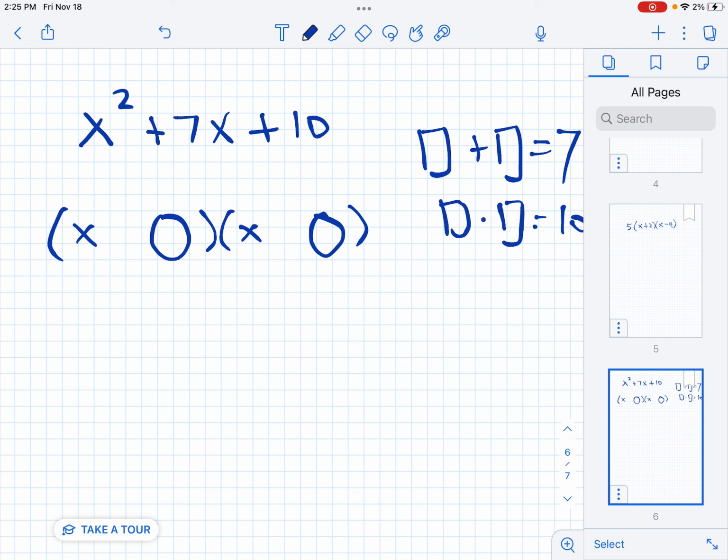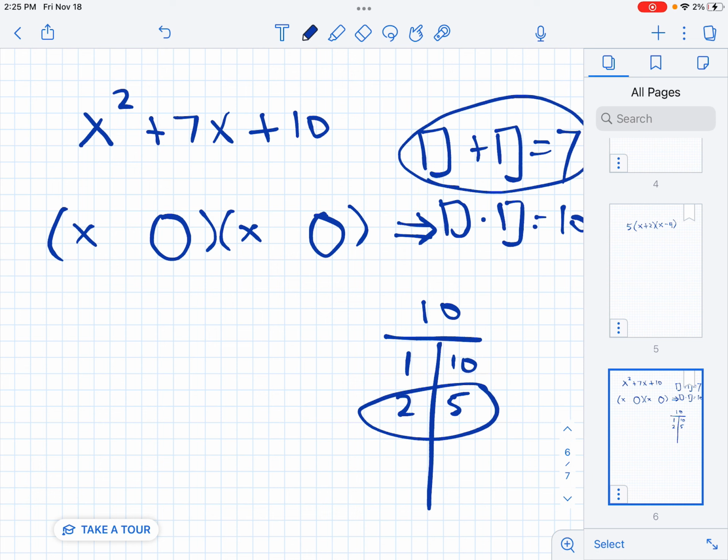So the best way to do this is to first look at the possibilities that multiply to be 10. So I'm going to write the number 10, make a little table here. To get 10, I can do a 1 and a 10, or a 2 and a 5. And I'm looking for a combo that adds to be 7, and 2 and 5 add to be 7. So I'm going to put a 2 here and a 5 there, and that's my final answer.